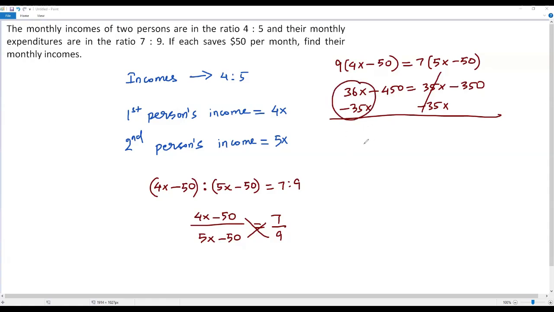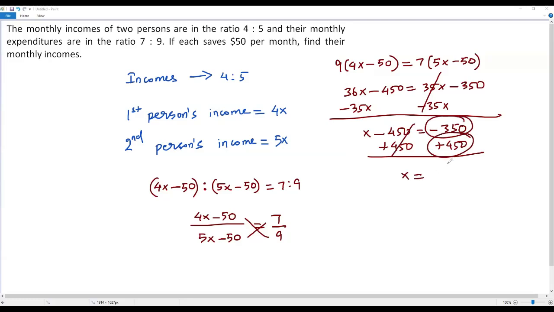Combining 36x and negative 35x, I'm getting just x. So x minus 450 equals negative 350. To solve for x, I have to get rid of this negative 450. For that, I add 450 to both sides. Negative 450 and positive 450 cancel. I'm getting x equals, combining negative 350 and positive 450, just 100.